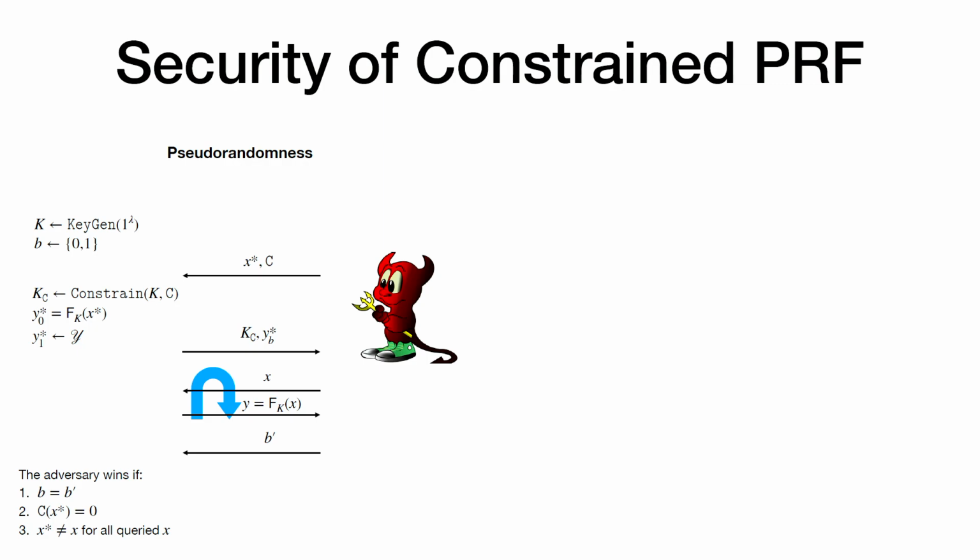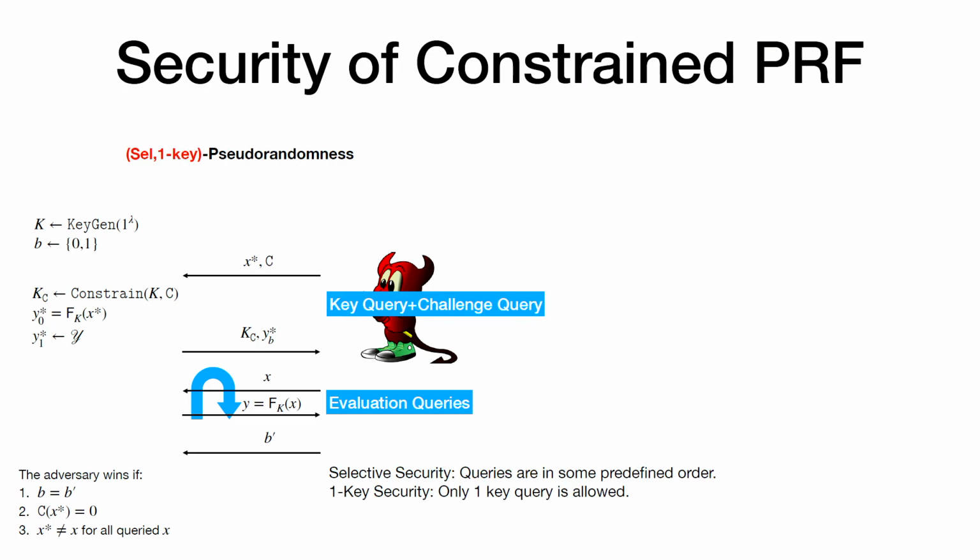That is, the challenge input X star should not satisfy the constraint C, and it should not be submitted as an evaluation query. In this definition, the adversary must make a key query and a challenge query before making any evaluation query. That is, the order of the oracle queries should be predefined, and this is usually denoted as selective security.